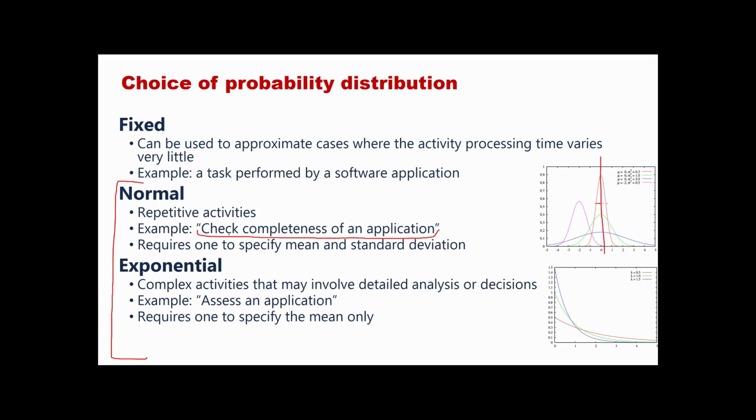For example, if I had a task called check completeness of an application, where I take the application and go through a checklist to see if everything is in order, that is a task that would normally follow a normal distribution with a certain deviation around it that I will have to specify.